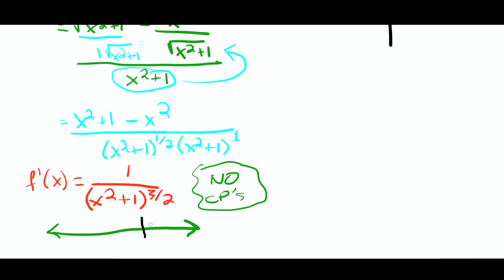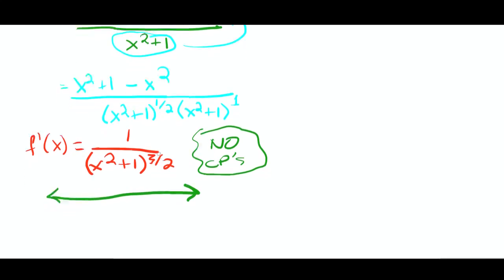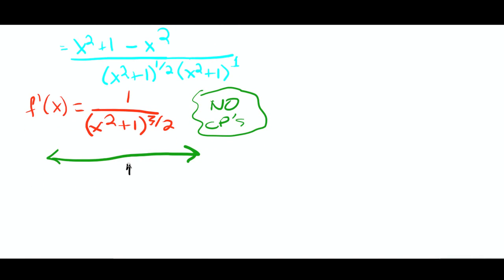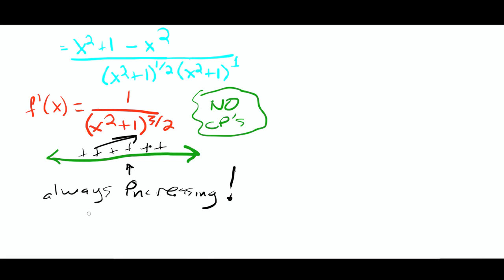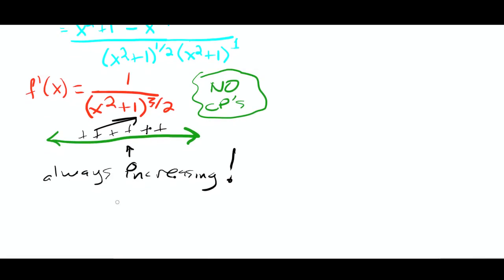So either it's always increasing or it's always decreasing. So here, for example, if you plug in 0, you'll notice that you get positive, which means that this guy is going to be always increasing. Okay, so that's fine. No problem.